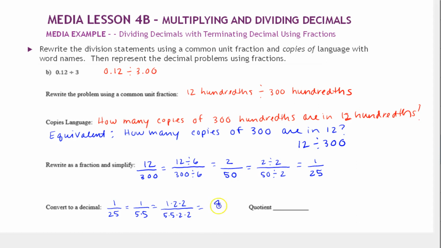Multiplying across, we have 4, and on the bottom we have 10 times 10 is 100. So we have 4 hundredths, which we know as a decimal is written with a 4 in the hundredths place. So notice again, with all of this, we ended up with an answer involving 4. So 12 divided by 3 is 4, and what varies is where the decimal point is going to be placed in the final result.